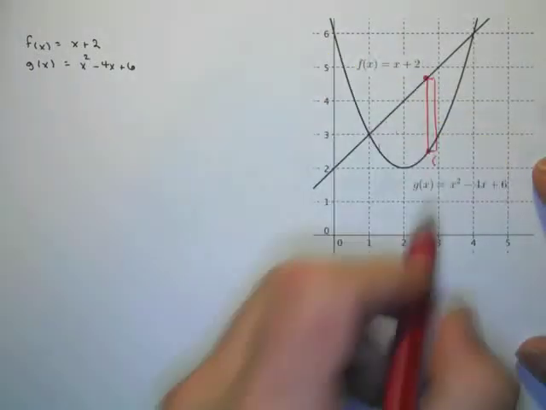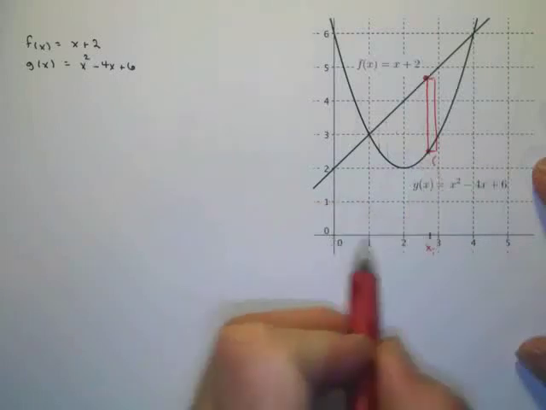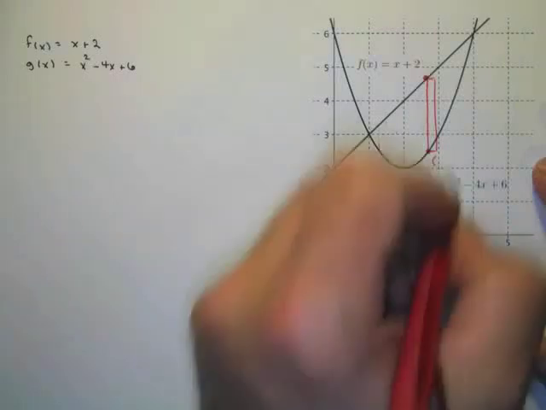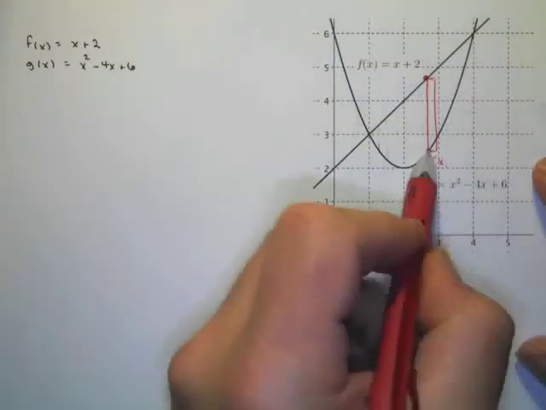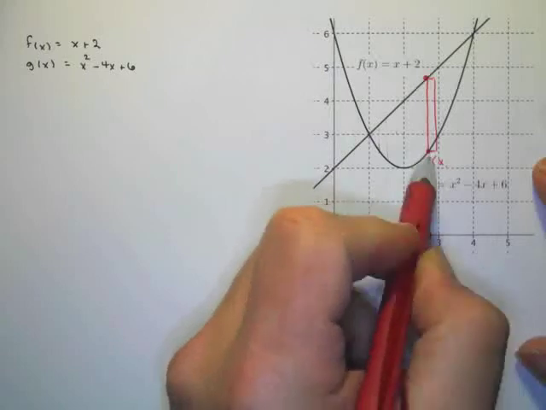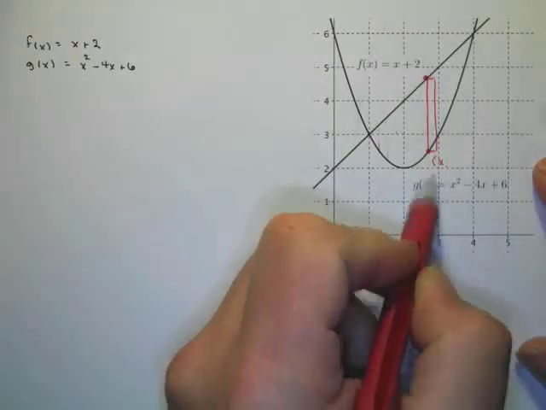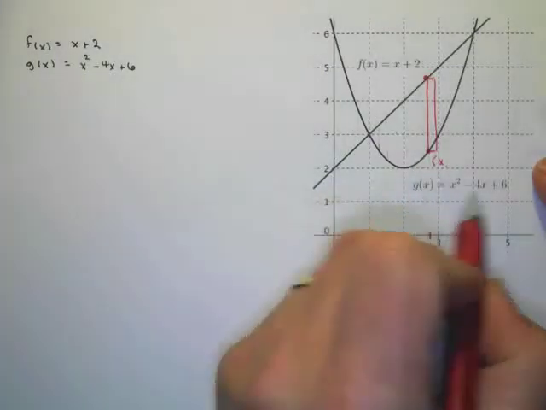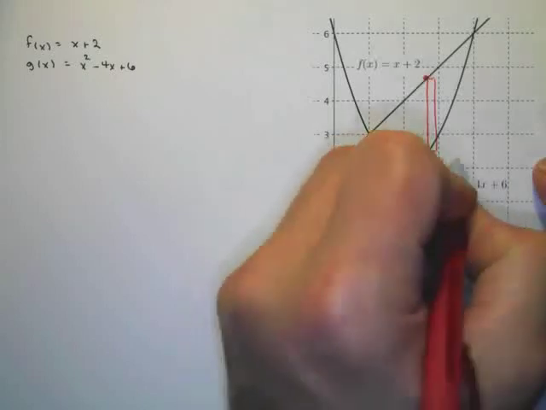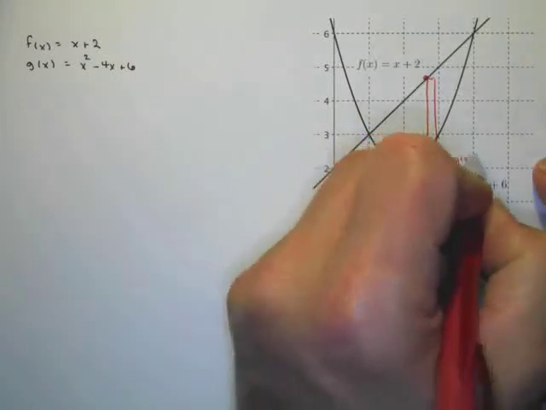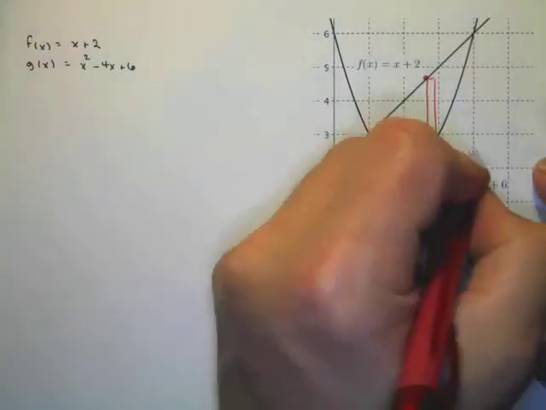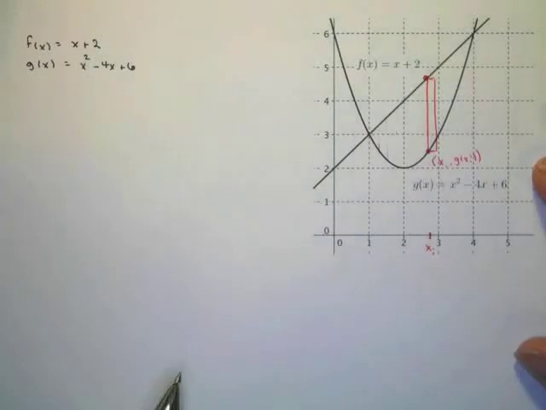This point here is out some distance. We called it x sub i. And the height of this point up right here, well, we know that's a point on this graph, g of x, so its height is g of x sub i. So there are the coordinates of that point: x sub i, g of x sub i.